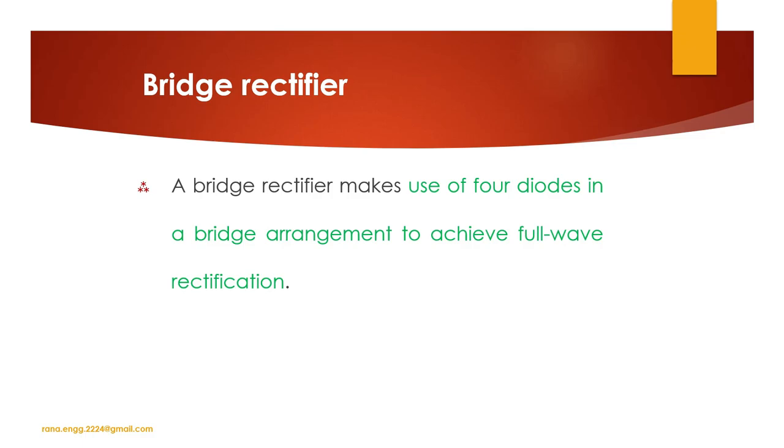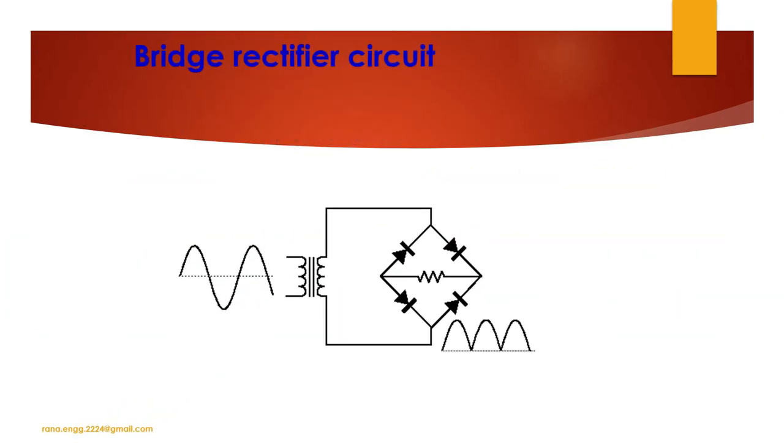As the name suggests, it has an arrangement where diodes are connected in the form of a bridge. In bridge rectifier, we use 4 diodes. Let us discuss the bridge rectifier and compare it with the earlier center tap rectifier.